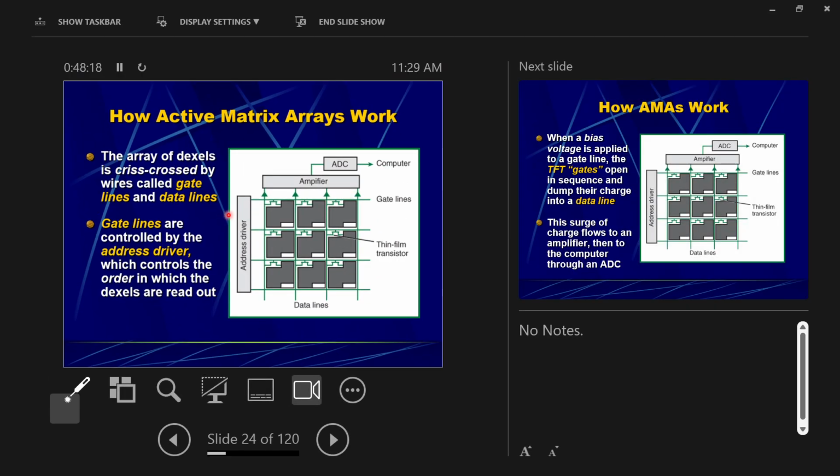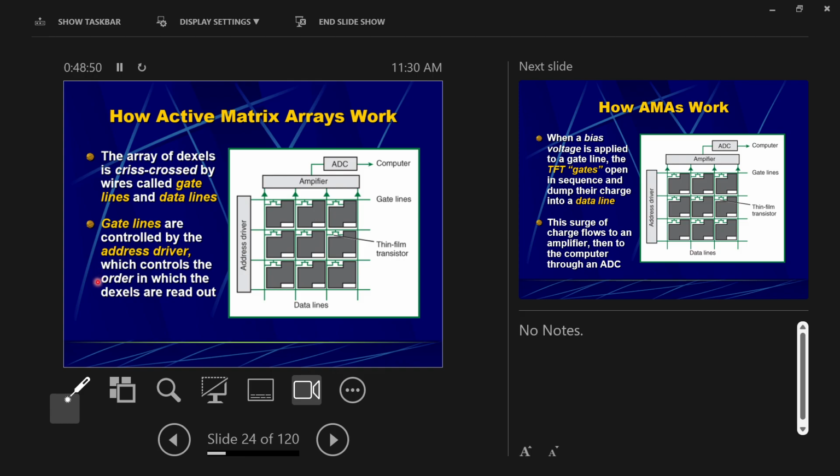So now, each deck cell in this active matrix array will have received an amount of X-ray exposure, will have built up an amount of charge, and then each deck cell will need to be read out one by one. The array of deck cells is crisscrossed with wires called gate lines and data lines. Gate lines are controlled by the address driver, which controls the order in which the deck cells read out.